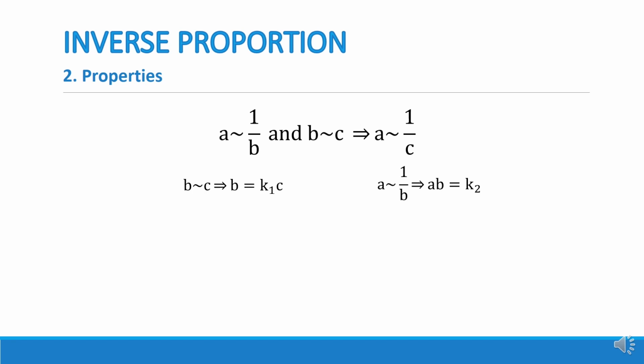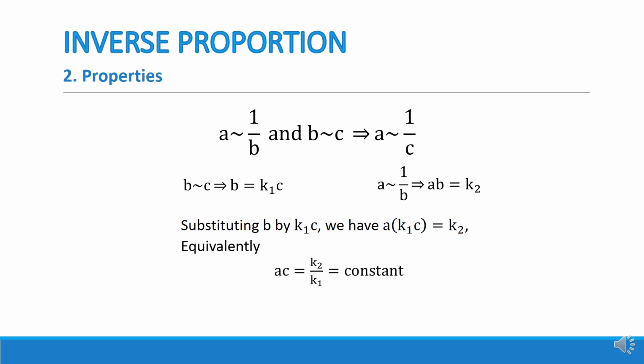Substituting B by K1C, we have A multiplied by K1C is equal to K2. Equivalently, the product of A and C is equal to the ratio of K2 to K1, and the ratio of two constants is of course a constant.